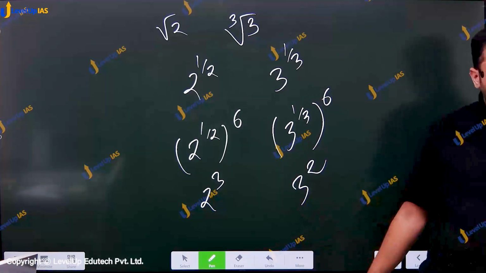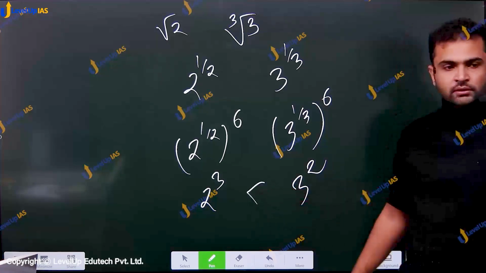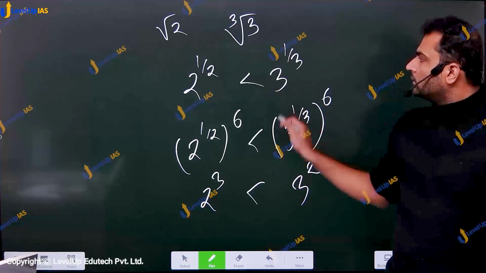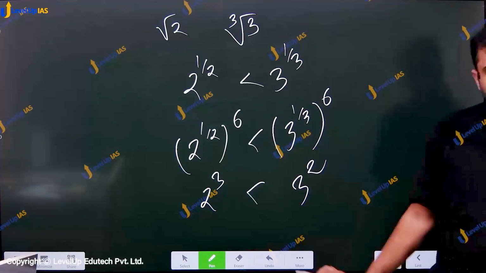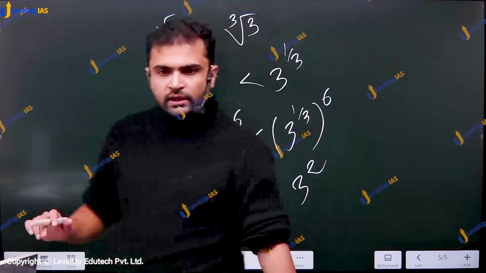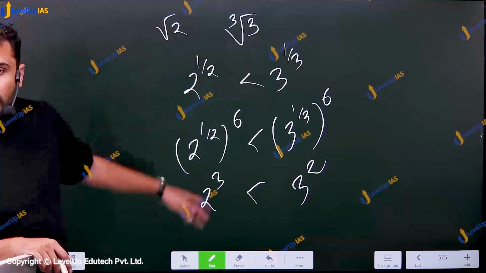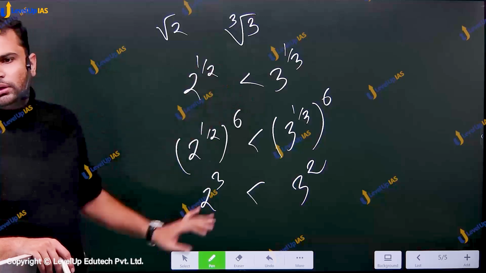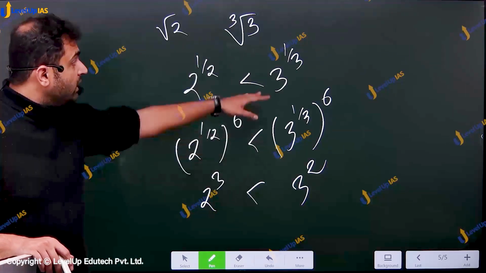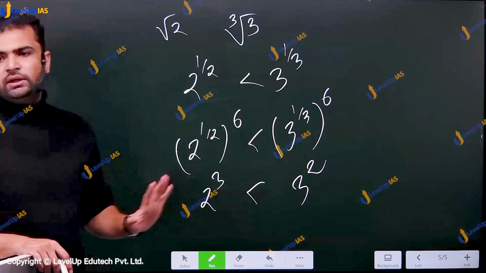Now I know which is larger. Fair enough. Easy. In the starting it might have seemed like how to compare this, but this is a simple extension of whatever we have learned. Just get rid of the fractions and you will arrive at the answer.